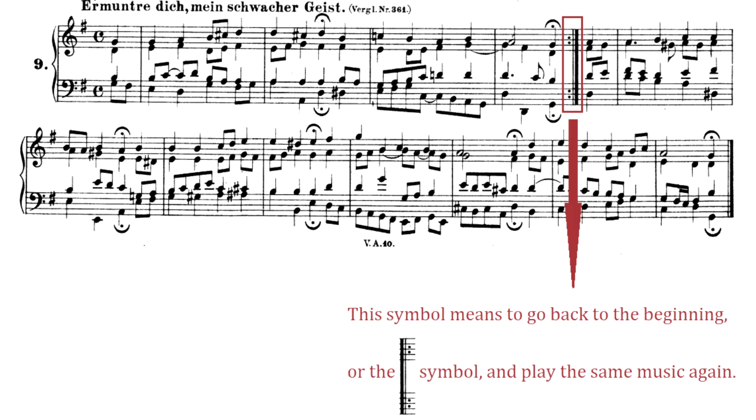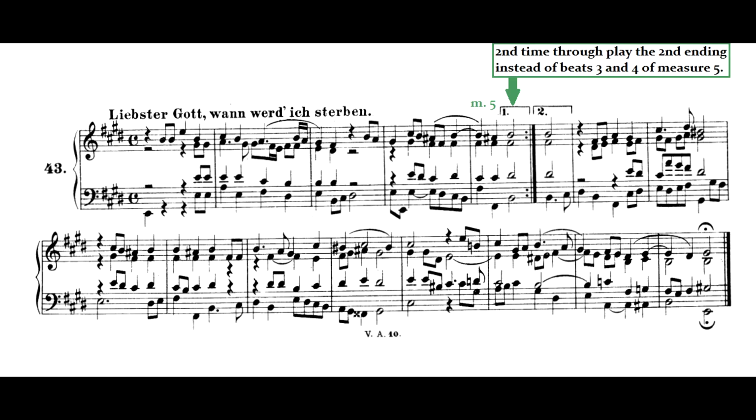A repeat sign bracket indicates that the previous musical idea will be repeated from the beginning only the first time you see it. If you see a number above the repeat sign bracket, you follow the music until you see the number 1, and then you repeat the music the first time. Then you follow 2 the second time, and so on.